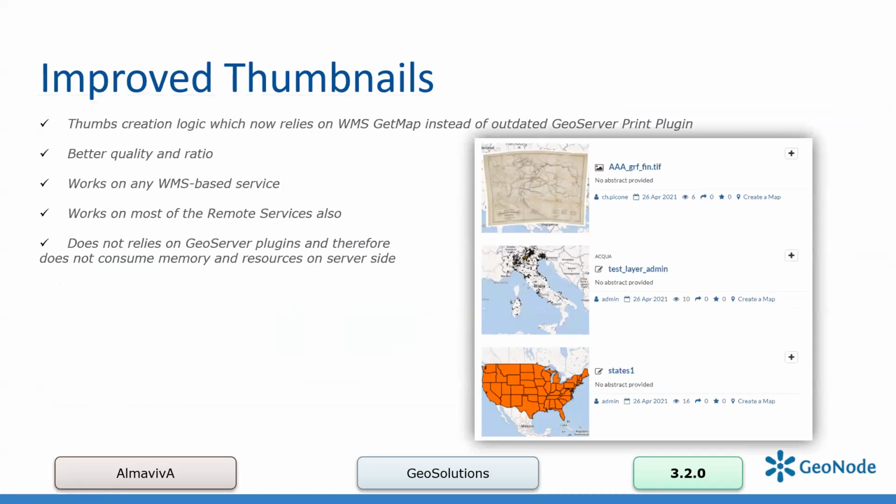The thumbnail generators have been improved a lot. So we do not rely anymore on a very old and resource-consuming plugin on GeoServer, which is called PrintNG.